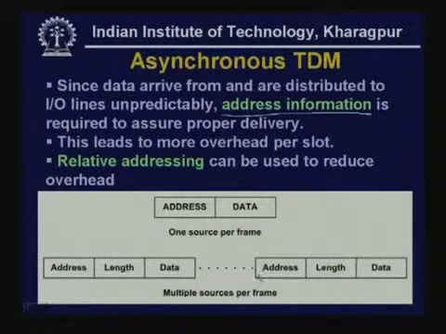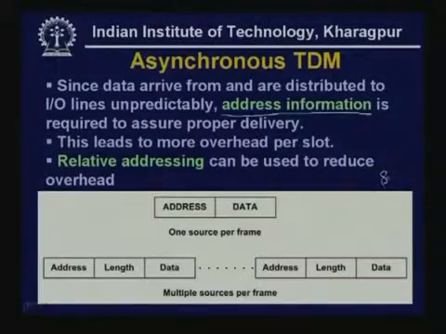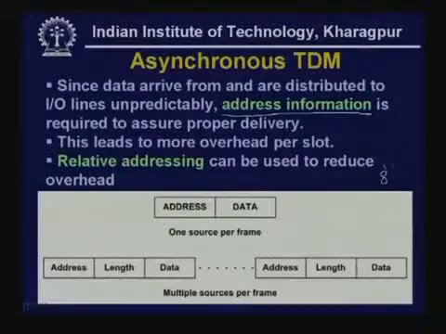To minimize the overhead for address, sometimes we use relative addressing rather than absolute addressing, depending on the number of sources. Suppose you have 8 sources. Instead of providing the full address, 3 bits are sufficient. We can take the modulo of the address with the number of sources, so the lower order 3 bits can be used as the address if we have 8 sources.